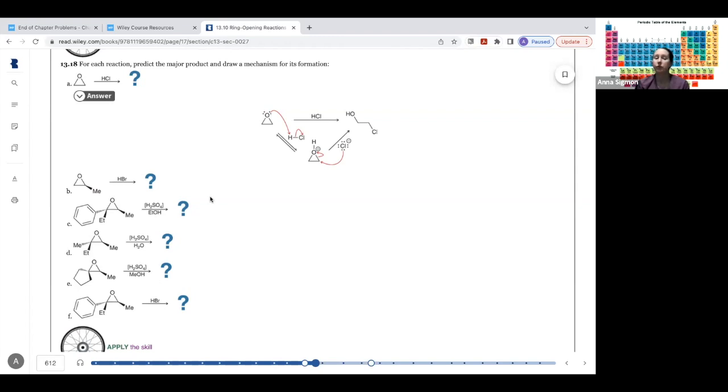But with acid, the rules are a little bit different. With acid, if we have a competition between a secondary and a tertiary carbon, it will add to the tertiary carbon. However, if we have a competition between a primary and a secondary, it will add to the primary.